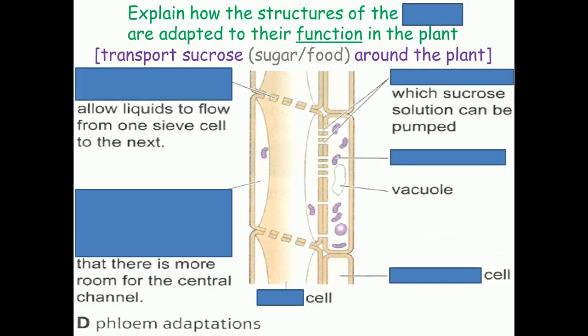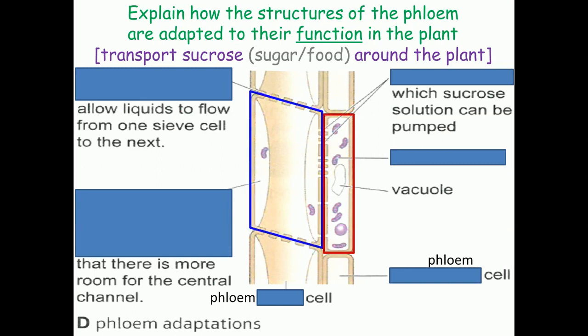So explain how the structures are adapted to their function in the plant to transport sucrose around the plant. Now this doesn't happen in xylem cells, it happens in phloem cells. So phloem cells are where sucrose is transported around the plant, and there are two different types of phloem cells. You've got the phloem companion cell and the phloem sieve cell.